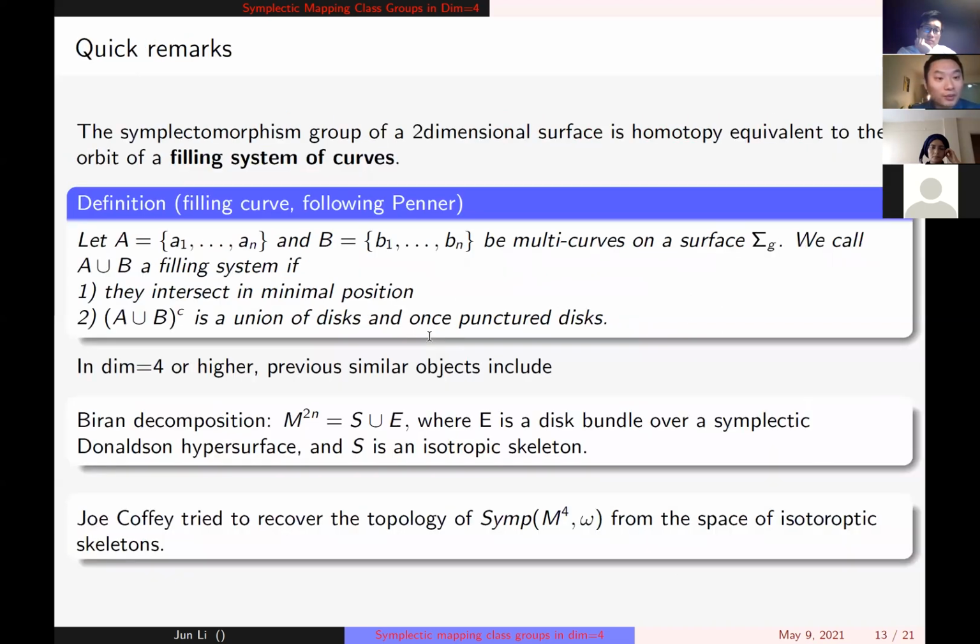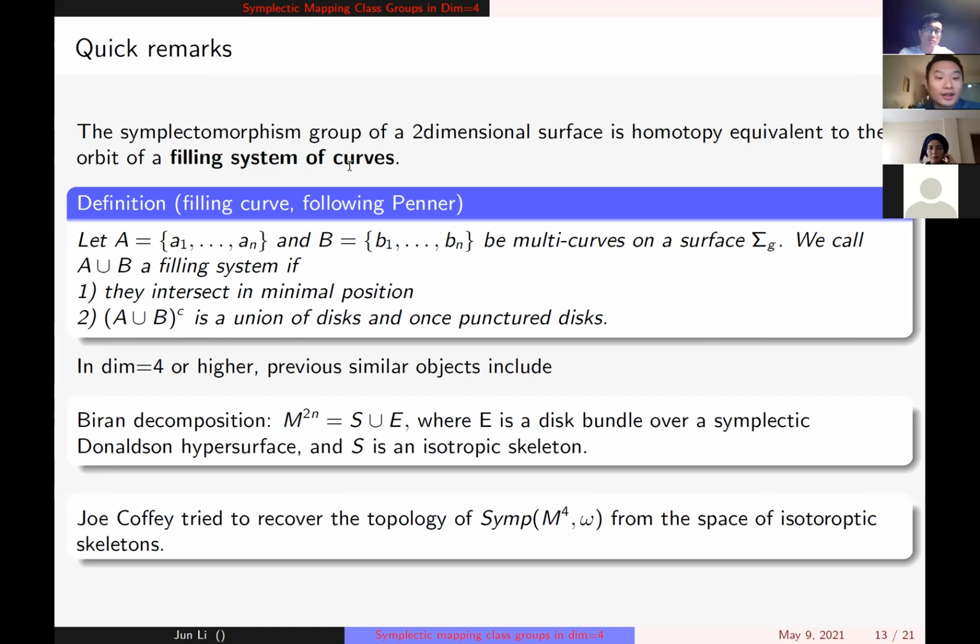It's worth remarking that this is a parallel story to two-dimensional topology or geometric group theory. So the first idea is that the symplectic mapping class group of a 2D surface is homotopy equivalent to the orbit of a filling system of curves.